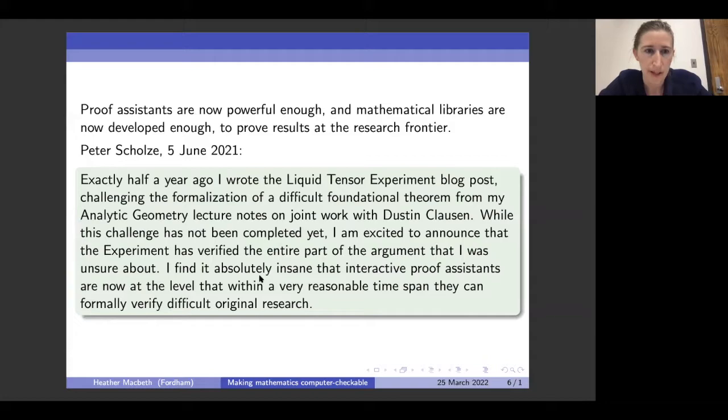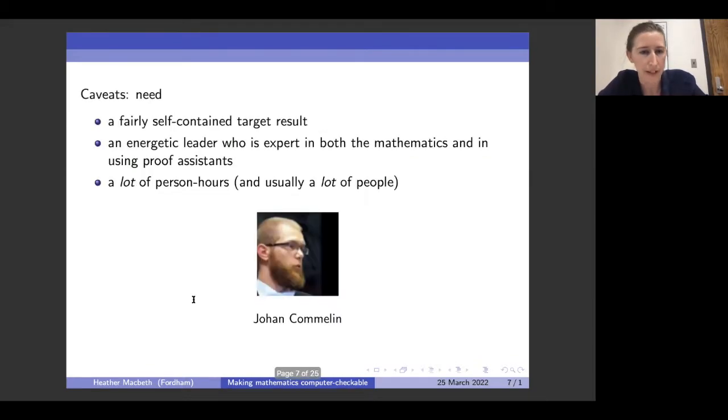About a year ago, Scholze was able to announce that the team of people who had been working on this challenge that he had posed had succeeded in proving it. So at least now, in principle, it's possible to verify results at the research frontier, with a few caveats.